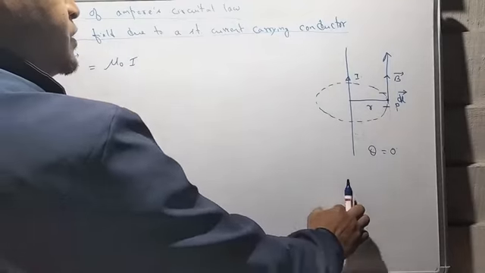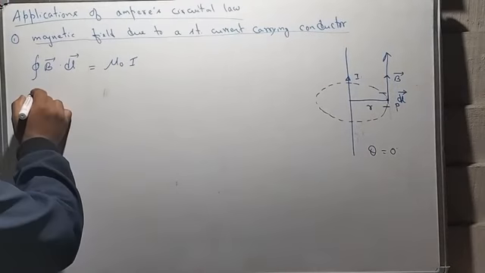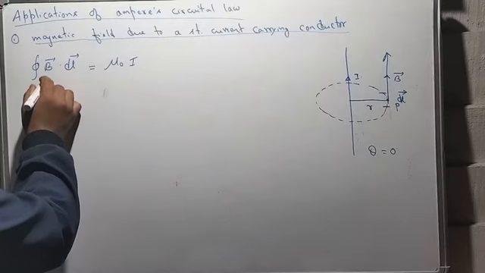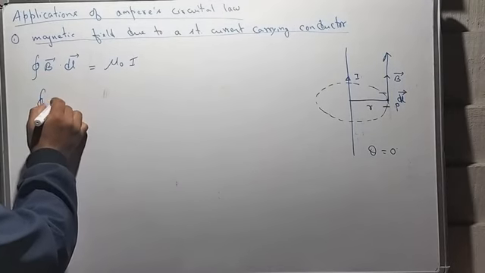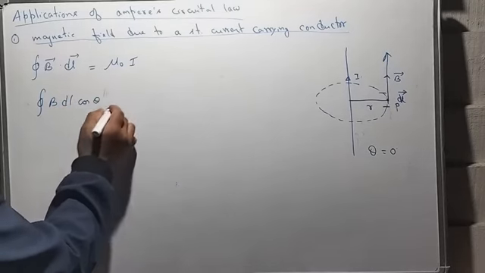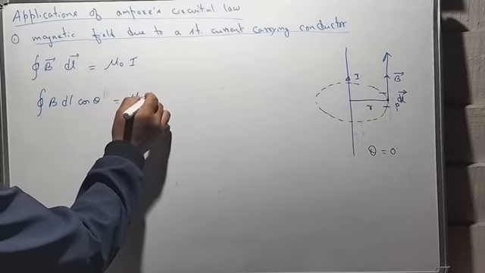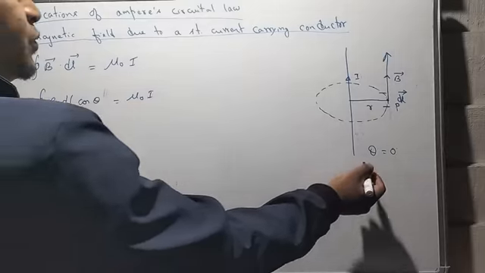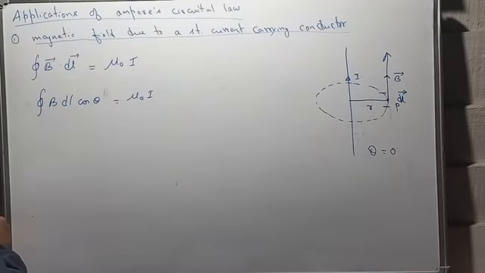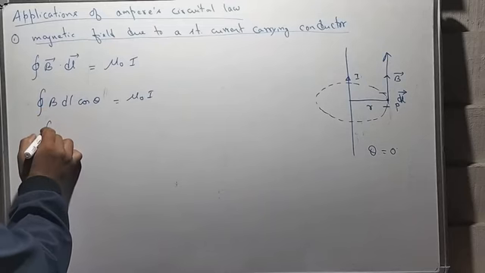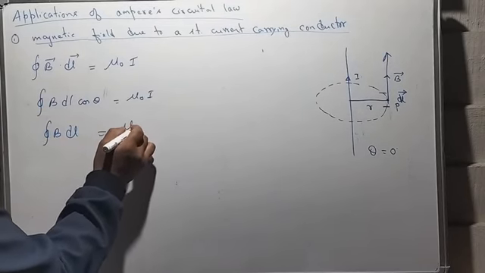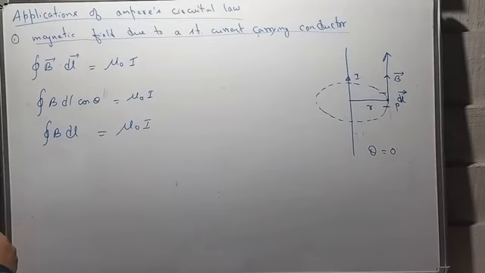My total current here is I. This line integral of B dot dl equals B dl cos theta, and since theta is 0 degrees, I'll write cos 0. So this equation now becomes just B dl equals mu naught times the total current enclosed by the loop.